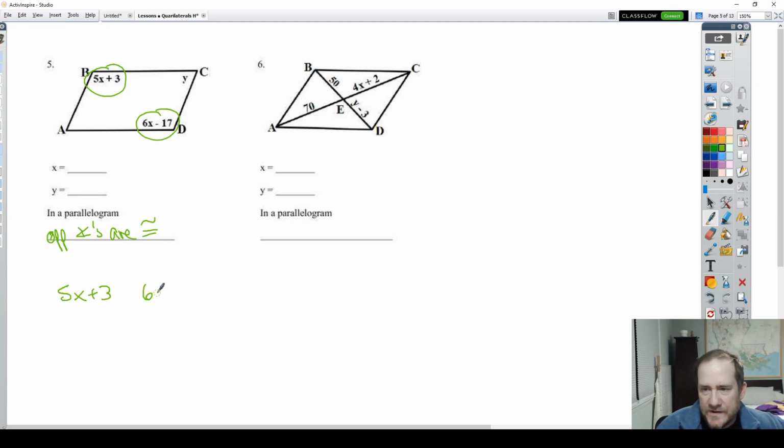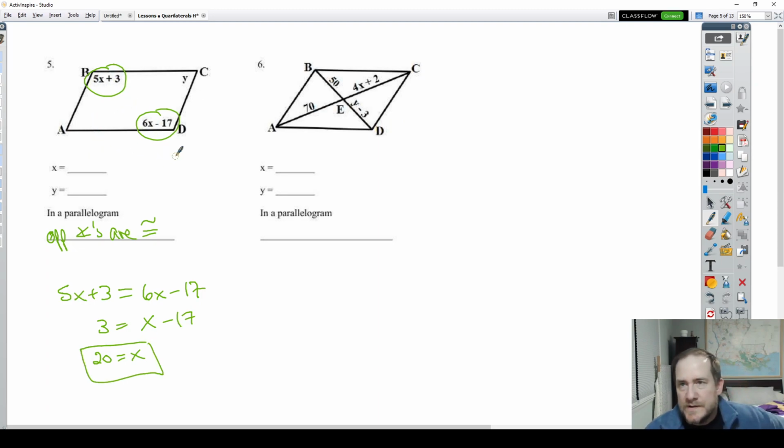You'll take your 6x minus 17. Just set them equal. So subtracting 5x leaves 3 and brings us down to 1x minus 17. Just add 17 and you get 20. So this x value is 20.